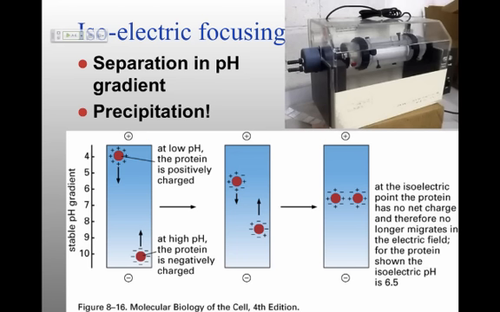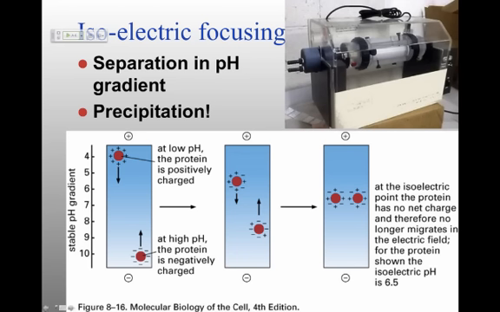So your proteins will have a positive charge if they're below the pKa, a negative charge if they're above the pKa, and if you have a gradient in pH and just put your proteins into it, let them sit there for a while, they will end up at a position where they have no net charge as long as they're in an electric field.